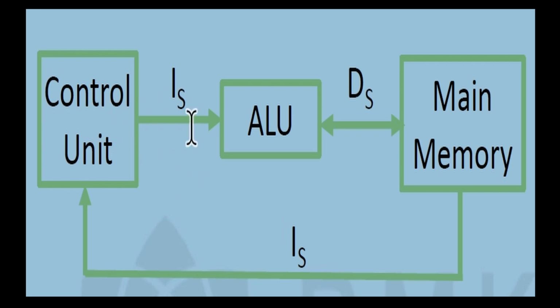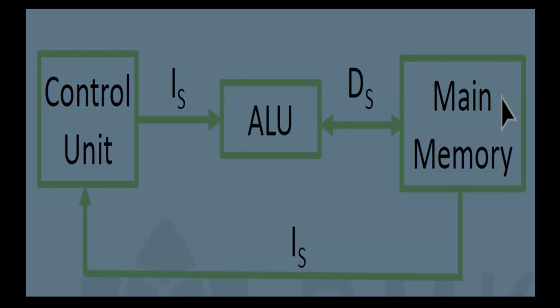So that instruction is decoded and necessary control signals are provided. The data will be provided to the ALU. So single instruction and single ALU. And data will be available from the memory to the ALU, and data will be added, subtracted, or multiplied. So in SISD, one control unit will be there, one ALU will be there, one main memory will be there.